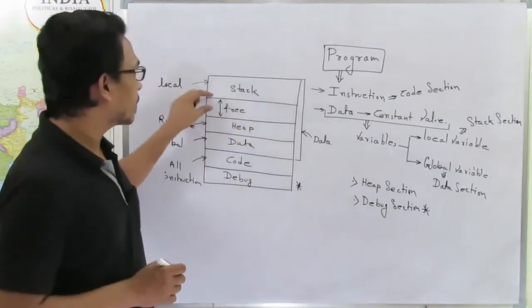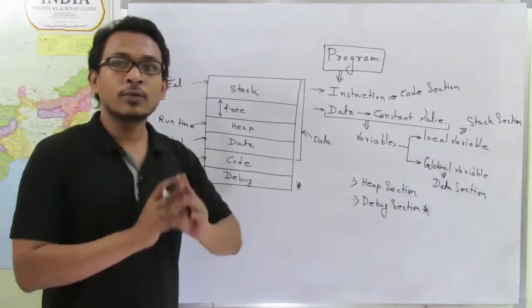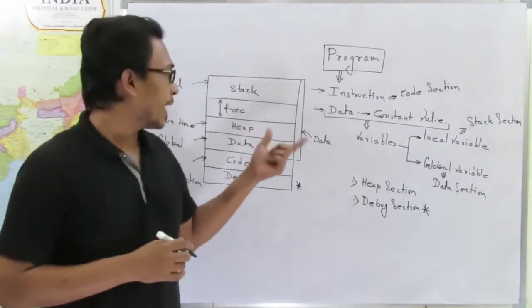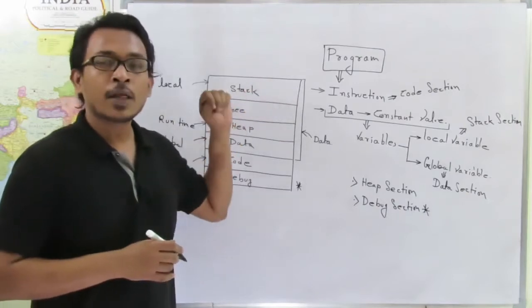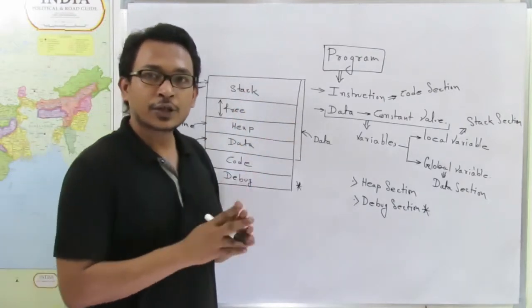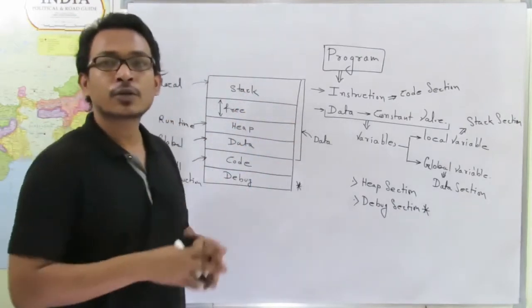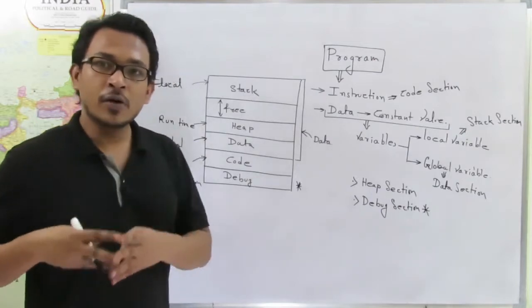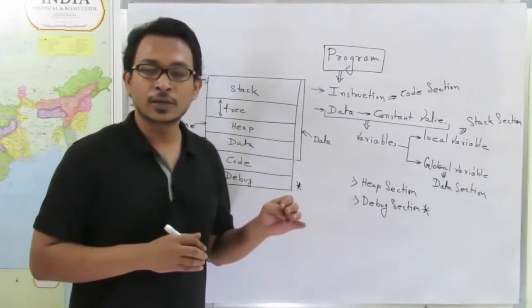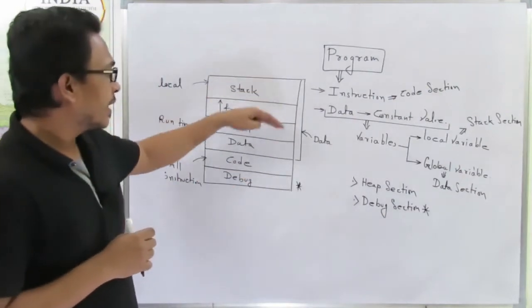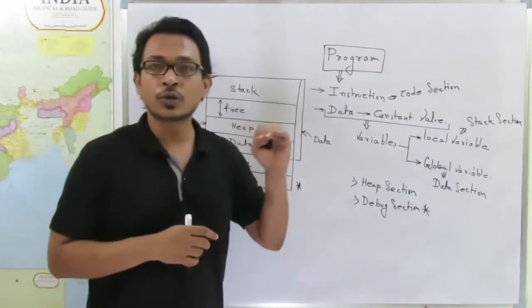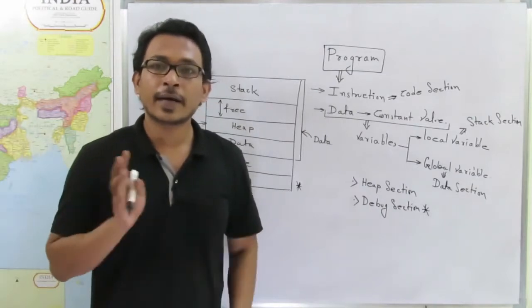Then what is the purpose of this free part? Why does the system allocate some free space in between the stack and heap sections? When a program starts execution, there is a possibility that it may require some extra space to execute. That means the stack and heap sections are also used for program execution.